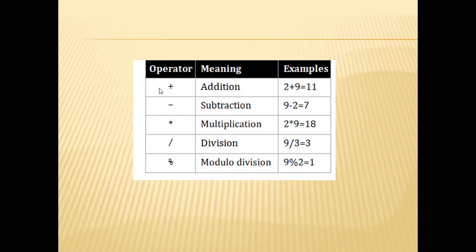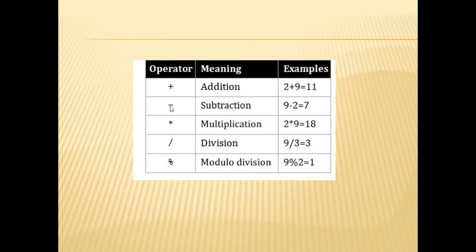The meaning of the plus operator is addition, and the example is 2 plus 9. Here 2 and 9 are operands, and we are performing the addition operation on these two operands. The result is 11.